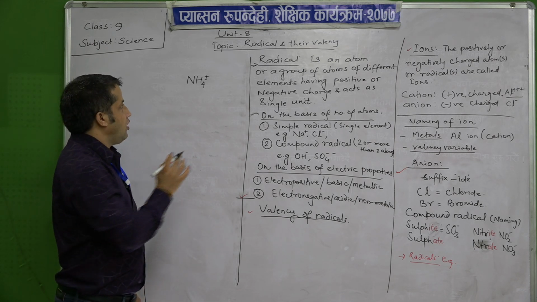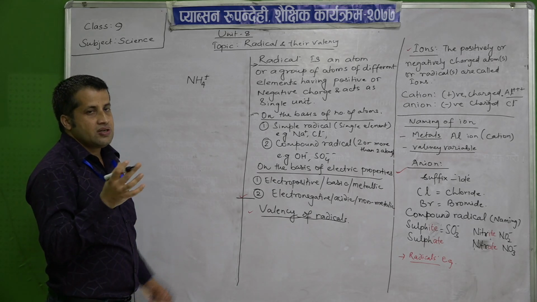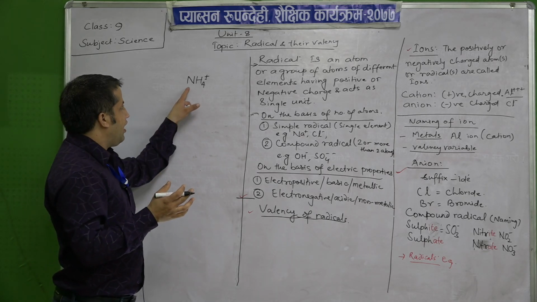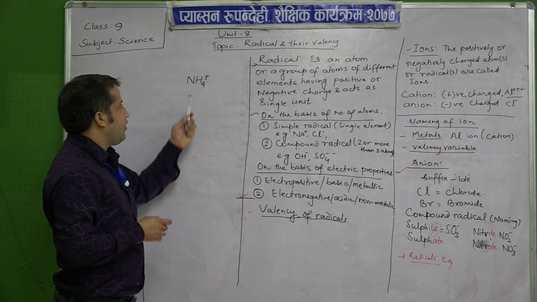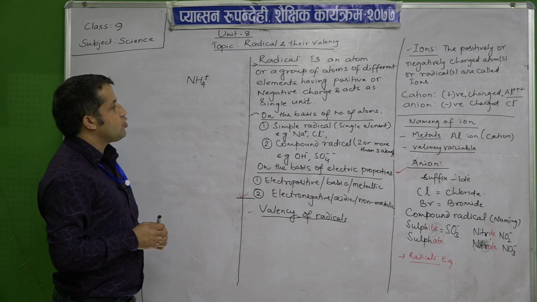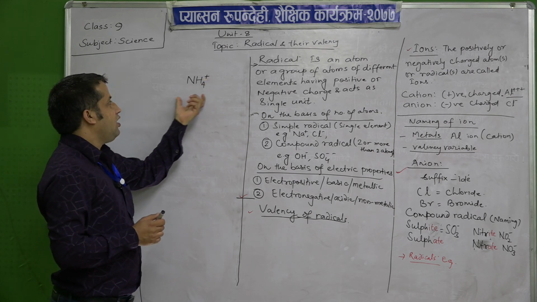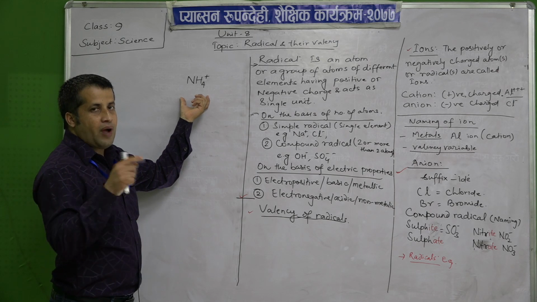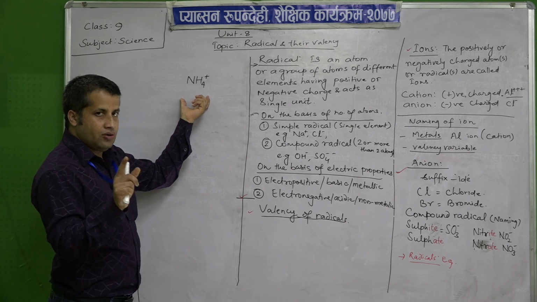At the top, at the power, I have written the positive charge. So it is formed by nitrogen and hydrogen, but there is a positive charge on it. So it is a radical formed by combining two different elements, nitrogen and hydrogen.